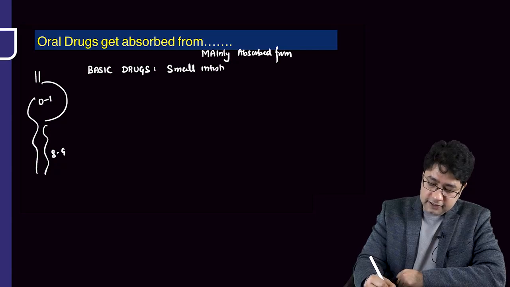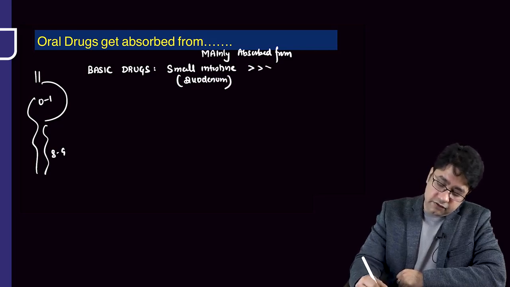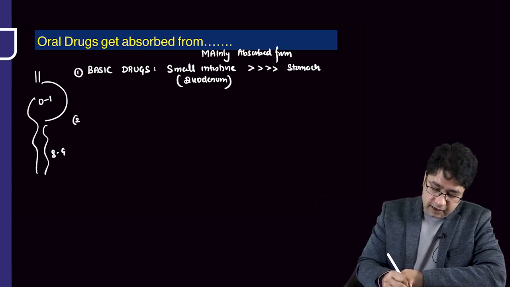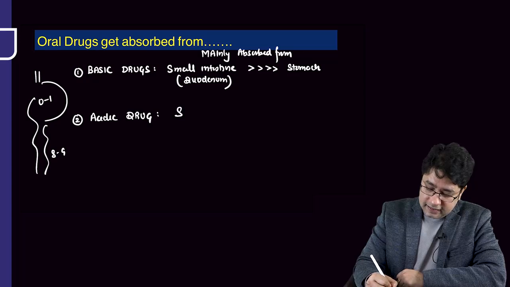And if we discuss the specific part, most of the drugs are absorbed from the duodenum, very less from the stomach. Now let me ask you, think logically and tell me, acidic drugs are mainly absorbed from? The answer is again small intestine.